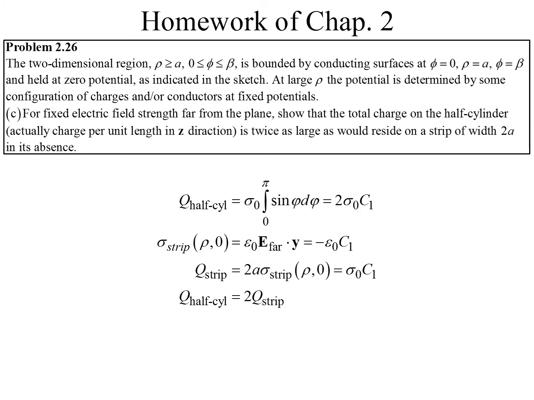Next, for fixed electric field strength far from the plane, show that the total charge on the half cylinder is twice as large as would reside on a strip of width 2a in its absence. So we calculate the total charge on it.